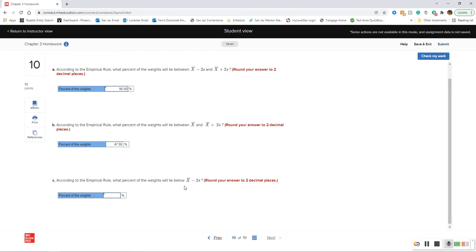And then according to the rule, the rates that lie below x bar minus 2 will be 2.5. Because again, under the bell curve, we're going to have what's left after x bar plus 2 and x bar minus 2, which is 5% total, but 2.5 on each side.